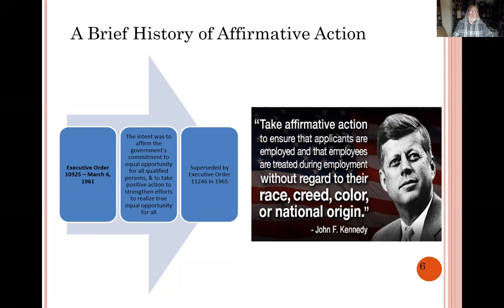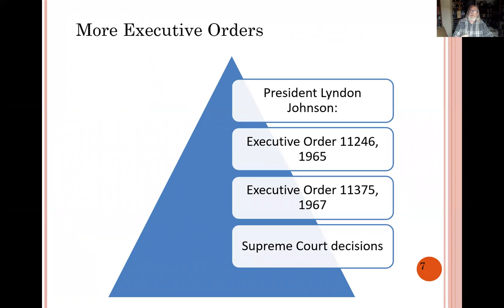And in other words, true equal opportunity for all. This executive order was superseded by several, by President Johnson, who took over after Kennedy was assassinated. And what these executive orders did was just expand the language and so forth.